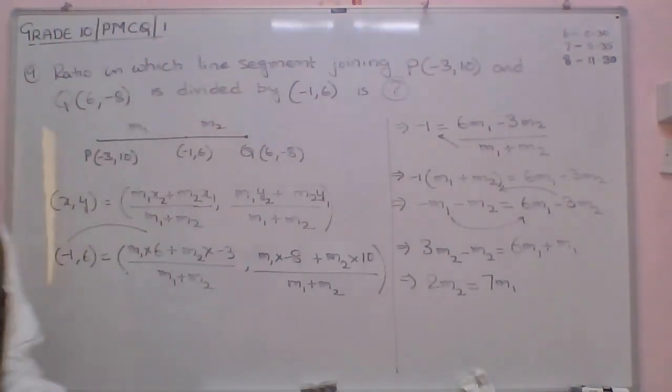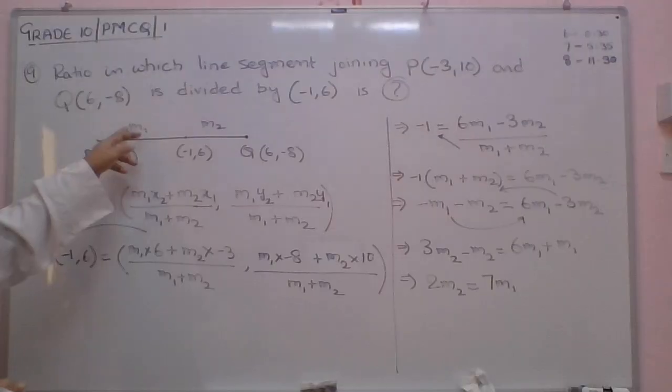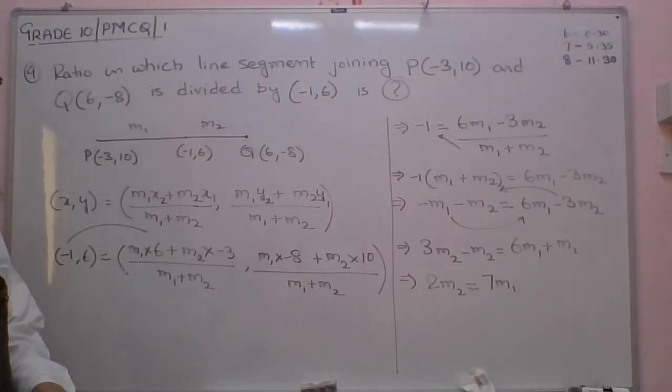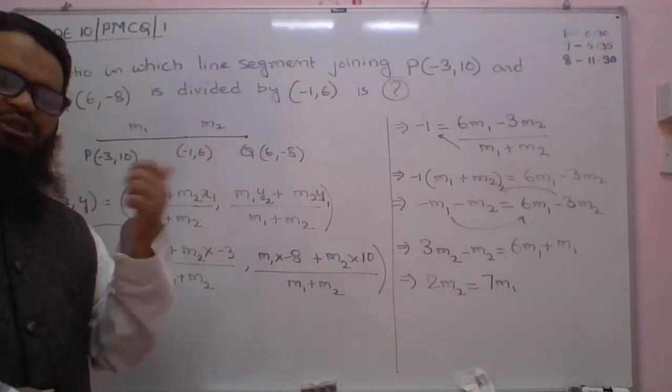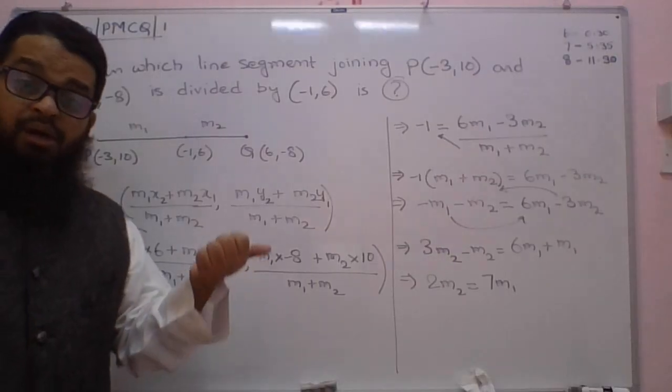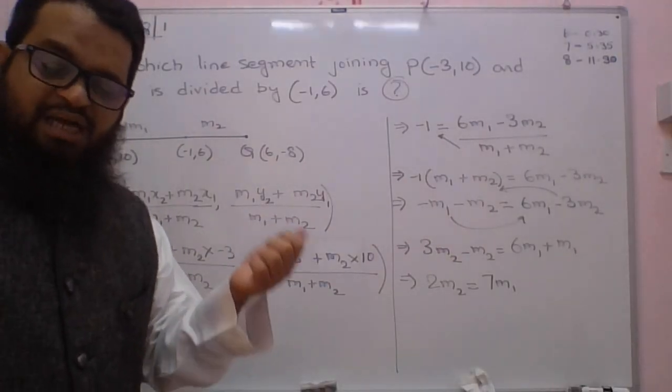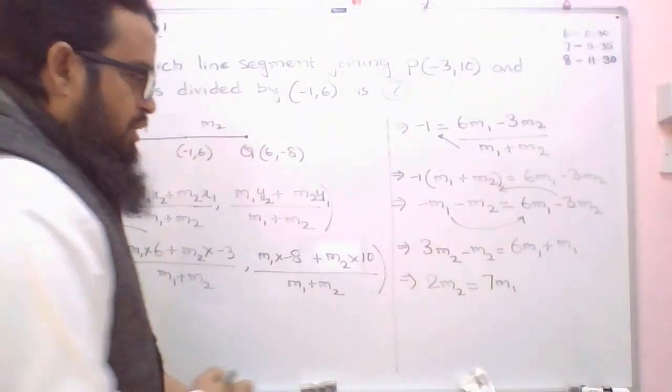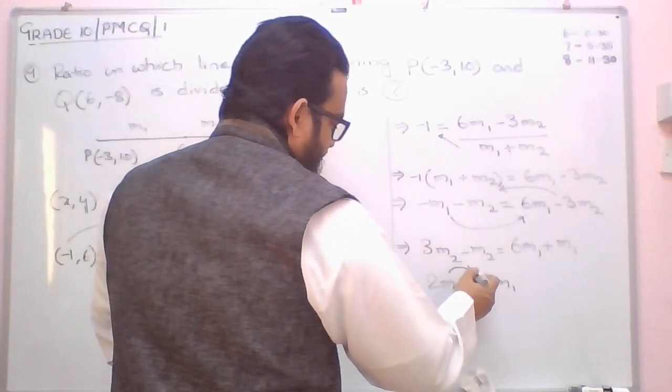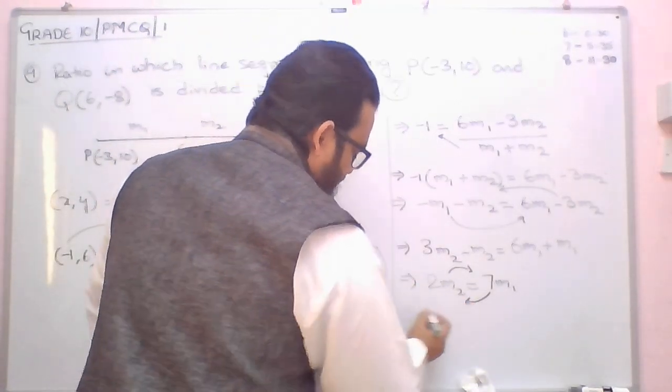And whenever you want a ratio, you write it as a ratio of m1 and m2, right? So let us write the ratio m1 is to m2, which can also be expressed as m1 by m2. So transpose m2 that side and transpose 7 to the left hand side.